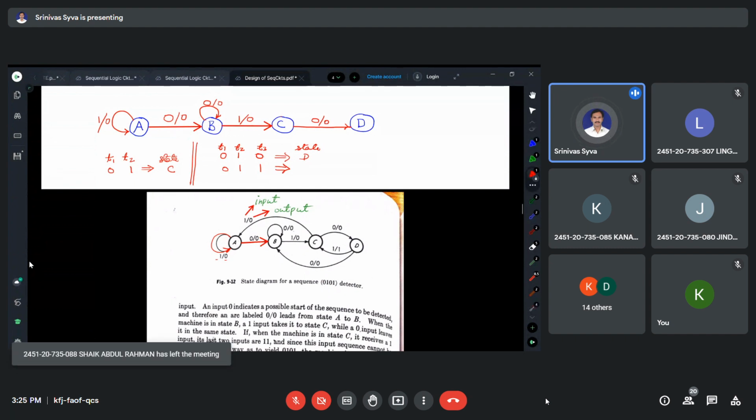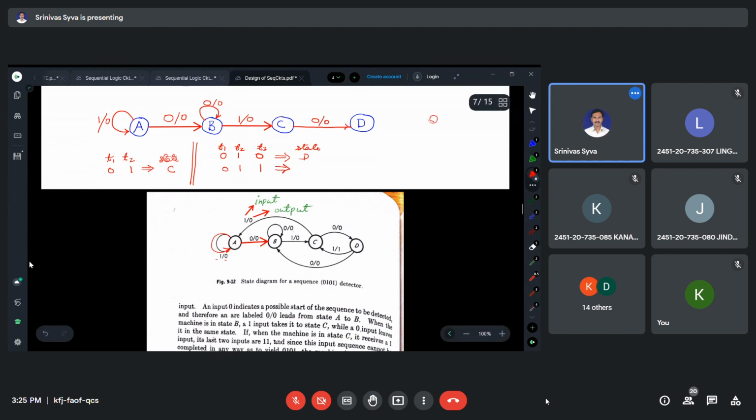The pattern is disturbed. 0, 1, 1 cannot complete the expected pattern 0, 1, 0, 1.